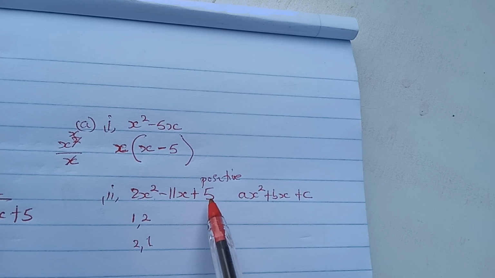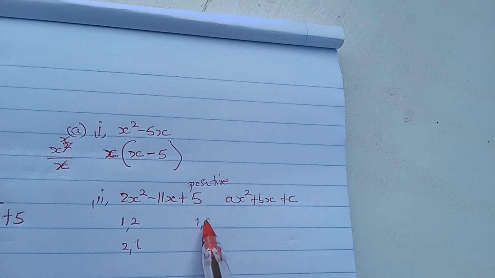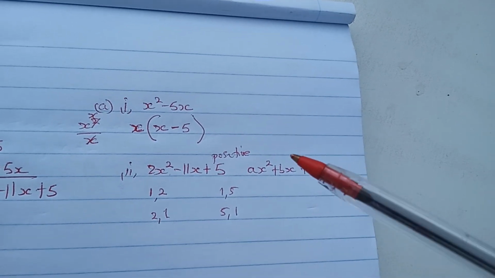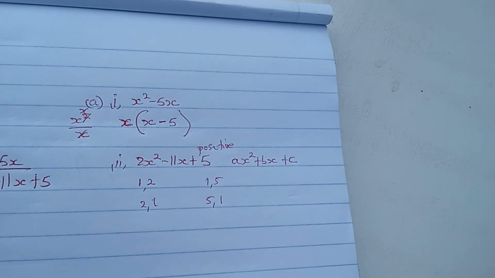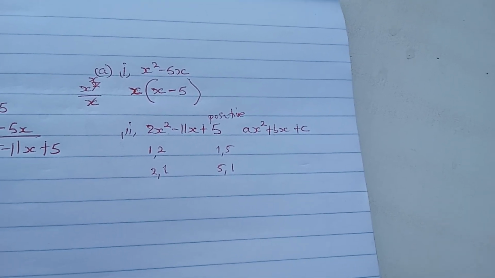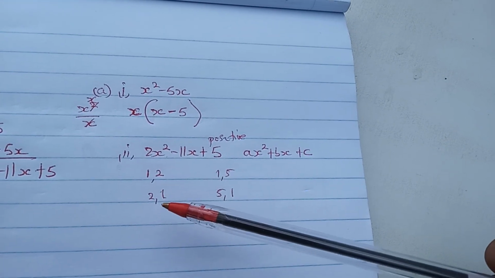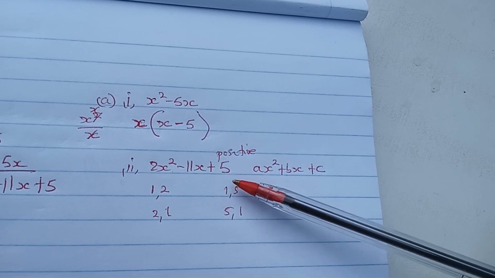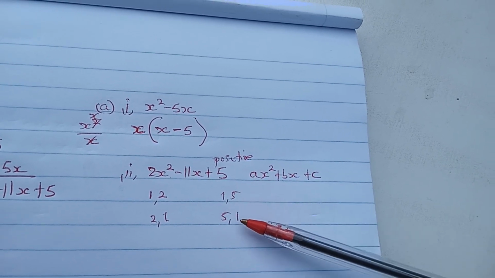The factors of 5 are 1 and 5, also in a pair. So we have pairs of both 2 and 5 here.